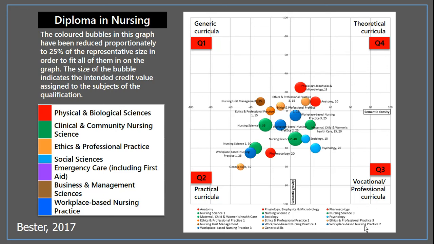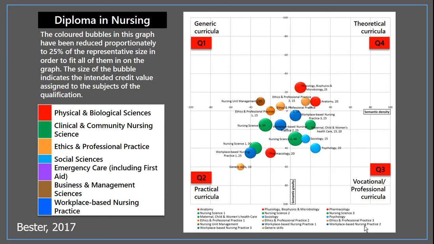You can see there's a prominent slant towards the practical quadrant. There's a little prevalence here of theoretical knowledge, sitting very much in the physical and biological science, the red dots, anatomy, physiology, the serious knowledge that students need to have.